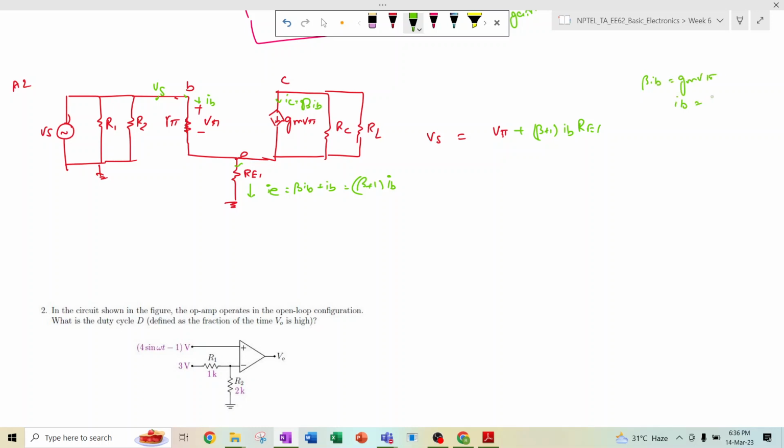That means IB is gm V pi divided by beta. So Vs is V pi plus beta plus 1 times gm V pi divided by beta into RE1. That means Vs is nothing but V pi times 1 plus beta plus 1 over beta into gm RE1.